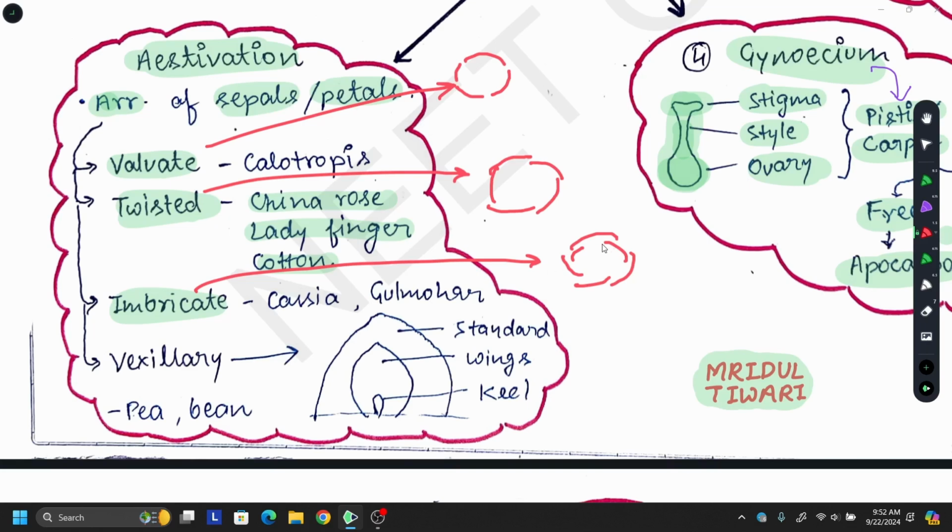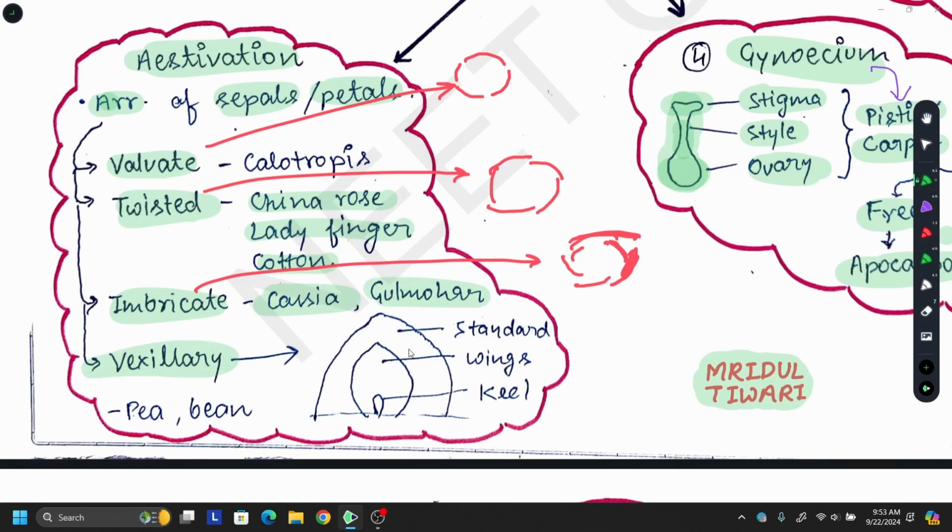In twisted we have an order, one over the other, but in imbricate there is no order. For example, if you see this one petal, it is inside both of the petals above. So in imbricate there is no order. Examples are cassia and gulmohar.